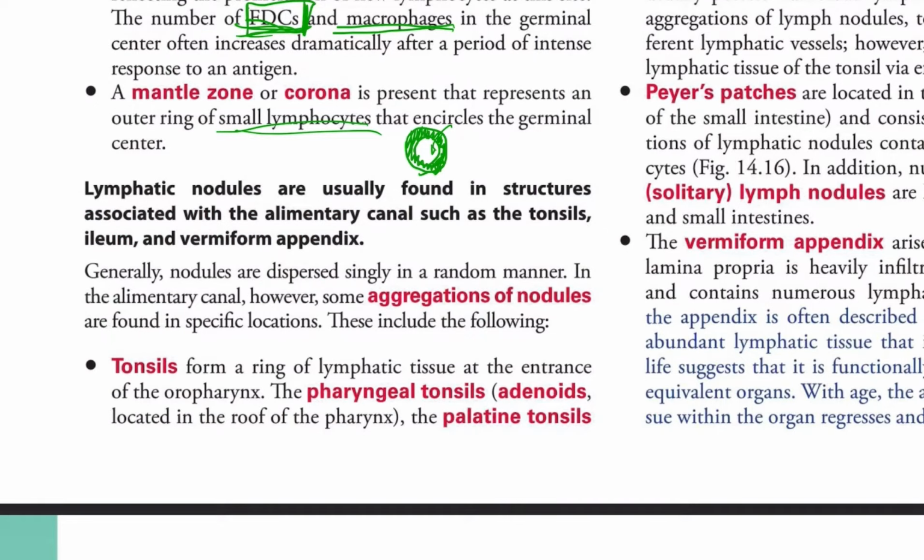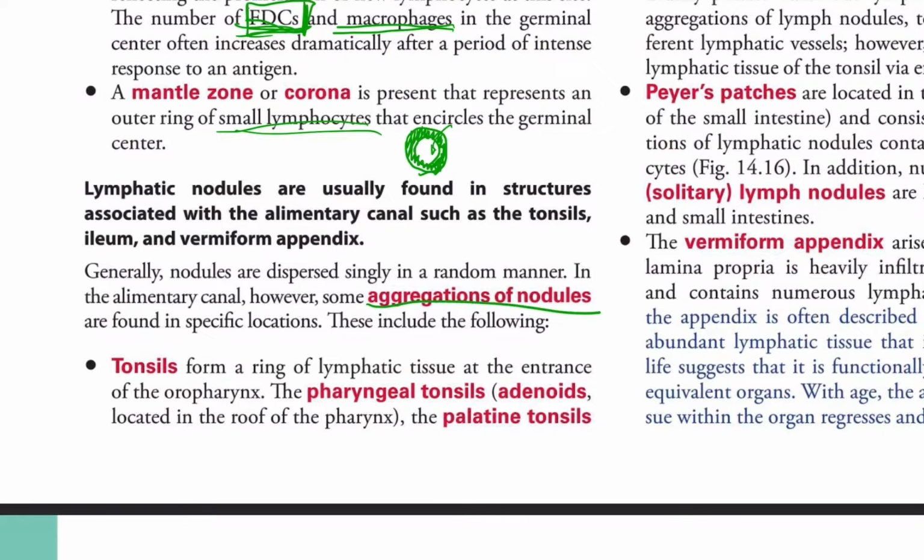Lymphatic nodules are usually found in structures associated with the alimentary canal, such as the tonsils, ileum, and vermiform appendix. Generally, nodules are dispersed singly in a random manner in the alimentary canal. However, some aggregations of nodules are found in specific locations.